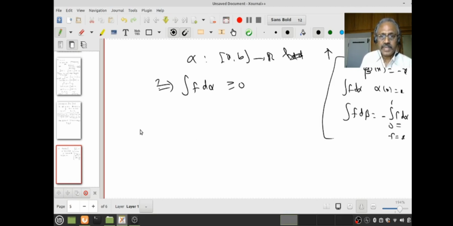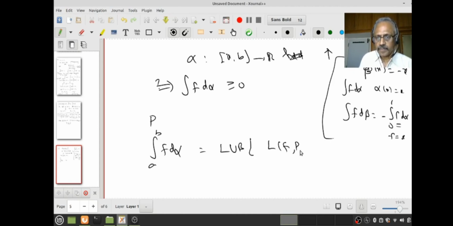Why? Because for any partition P, remember, my integral of f d alpha from a to b is the LUB of L(f, P, alpha). Of course it's also the GLB of U(f, P, alpha), but again I want to use LUB. Why?